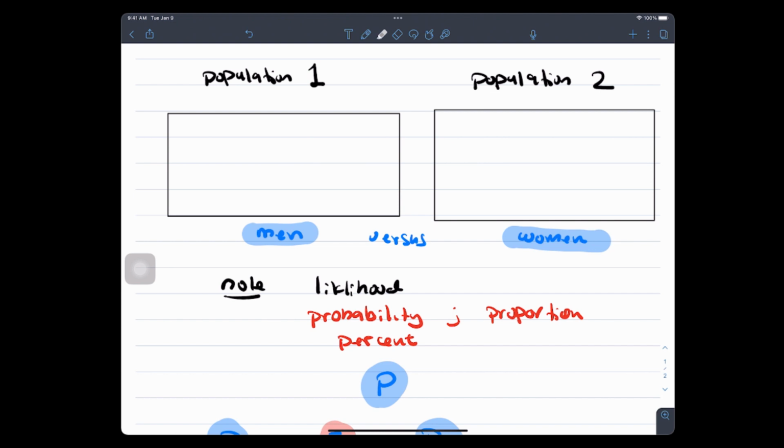Do you guys know why? It had a lot of resistance. Why do you think it had resistance? People fought it. Why?